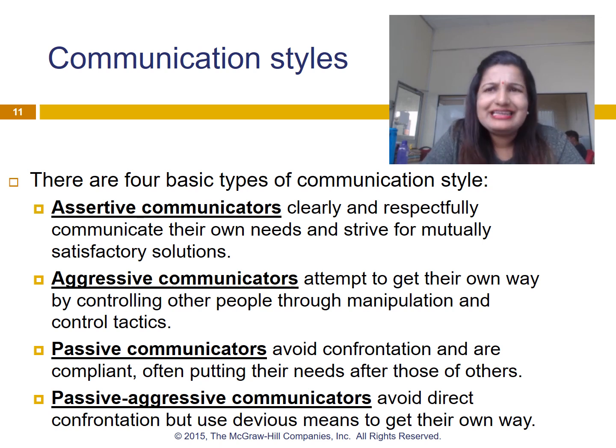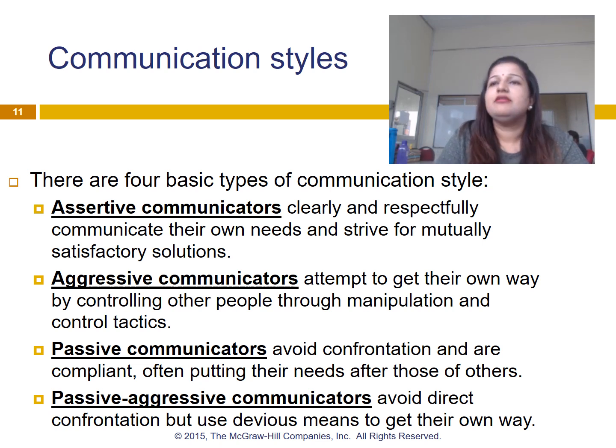So there are clear distinctions between these 4 types of communicators, where the first one is assertive. Assertive communicators are quite easy to understand, quite easy to deal with, because these types of communicators are very clear. They know what they want, and they will also strive for mutual satisfaction, which means they try to understand what you want and try to fulfill what information or what sort of communication you want and deliver it.